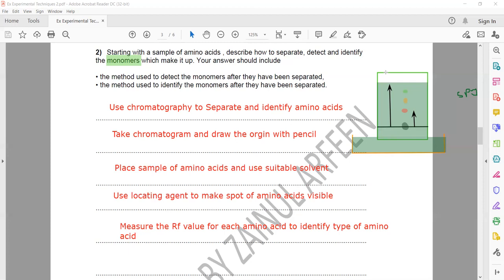And then after some time, spray the chromatogram with a locating agent, which will make these spots visible, and measure the RF value to find which amino acid is there. Because different types of amino acid, as there are 20 types, each amino acid has a different RF value. Is it clear, this experiment?